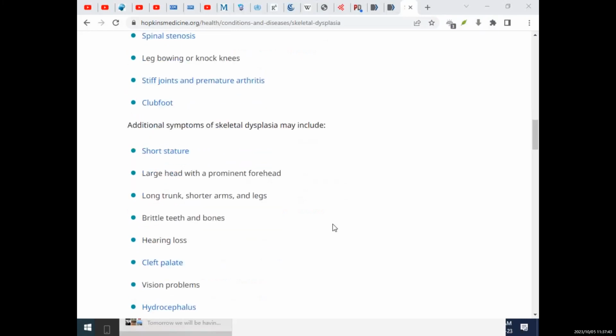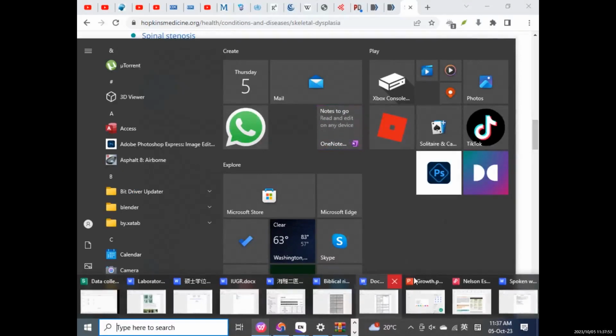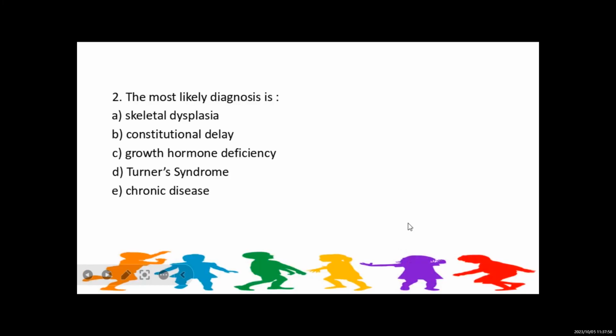Is this the only option, right? Okay, because there is something else in the options that is still most likely. Are you sure? Check back again. There is something there.